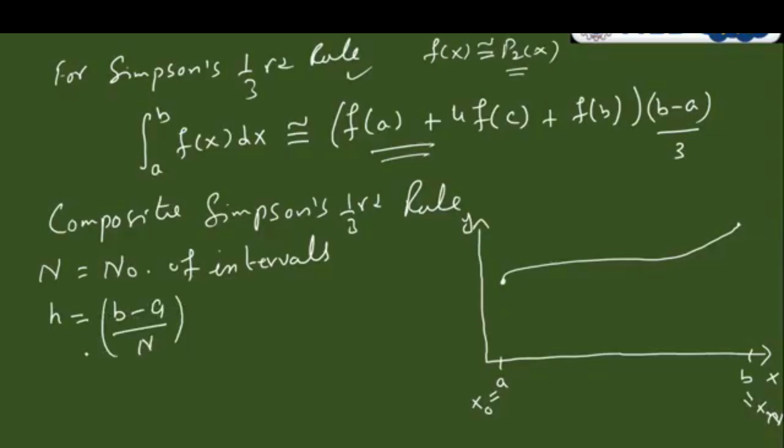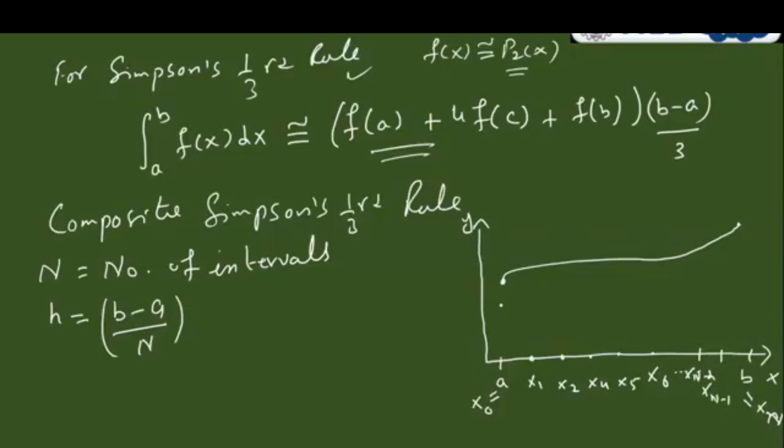So you can compute the width of the interval. x naught is the first data point, the second is x1, the third is x2, then x3, x4, x5, x6, and so on till the last value. The last is xn, the second last is xn minus 1, and then xn minus 2.